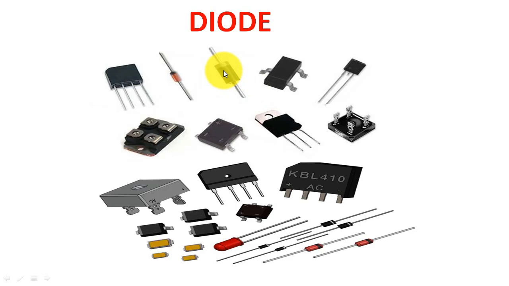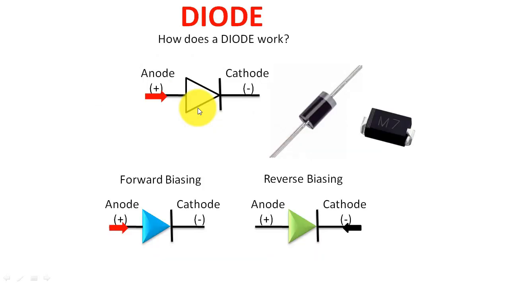This is a 2-pin diode, this is a general diode, this is a 3-pin diode, this is also a 3-pin diode, and a 4-pin. There are many types of diode here. You have to see them and remember what a diode is. I'll discuss in detail later on, so please stay with me.